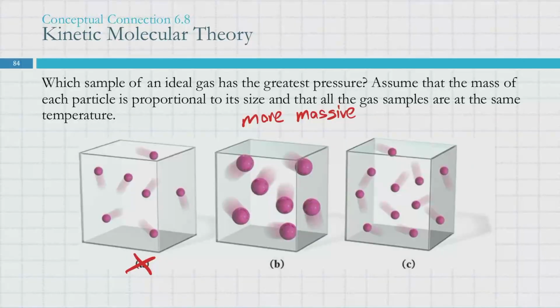So B has more massive particles. So B is going to have higher pressure because it's going to have more kinetic energy. I think that's accurate. We can also rule it out relative to C because C has more particles.